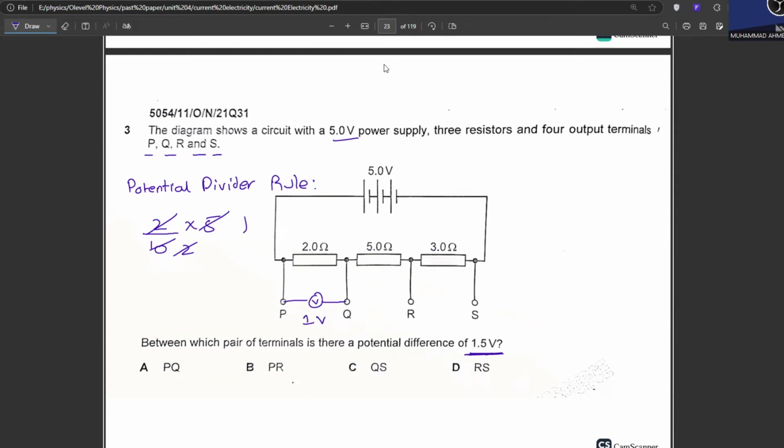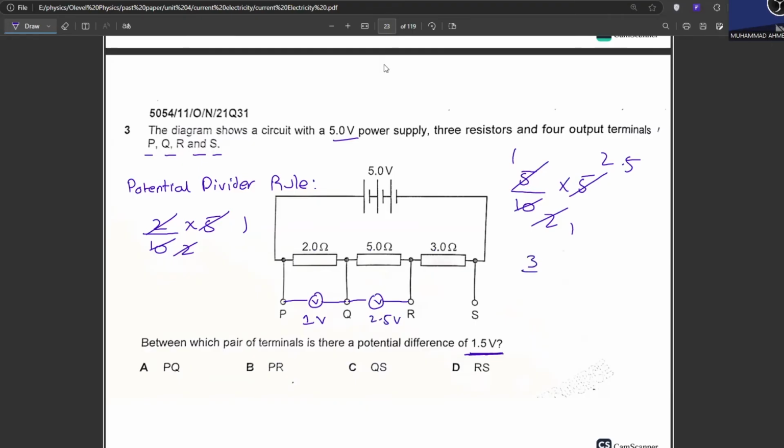Let's calculate the voltage across 5 ohms resistor. I will take the 5 ohm divided by the total resistance multiplied by 5. This becomes 1, this becomes 2, this becomes 2.5. So if I place a voltmeter across QR, I will get an answer of 2.5 volts.